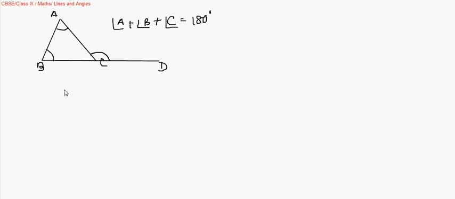So angle ACD is equal to the sum of angle A plus angle B. This is one more theorem under the angle sum property of triangles.